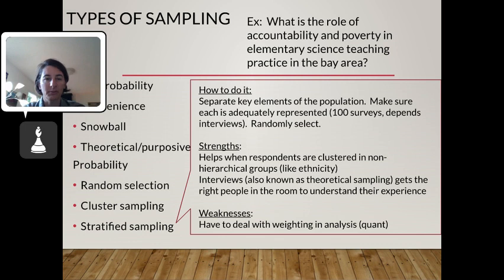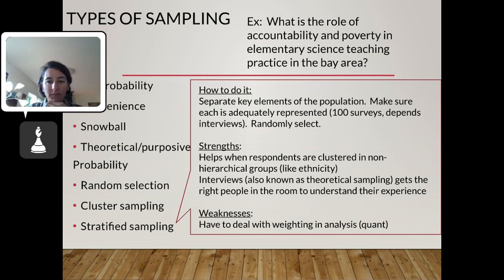So schools that have accountability pressure and schools that don't. And then make sure to select a certain number of schools from each. So in that way, I'm ensuring that I'm getting enough of a sample of what I'm interested in theoretically.